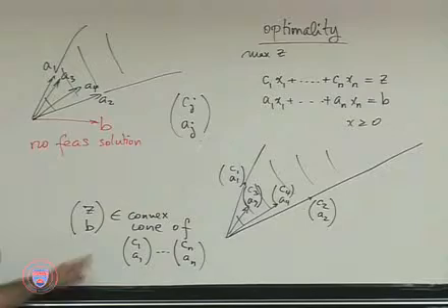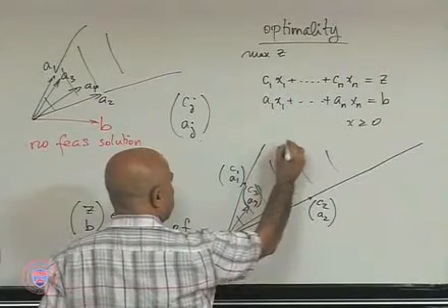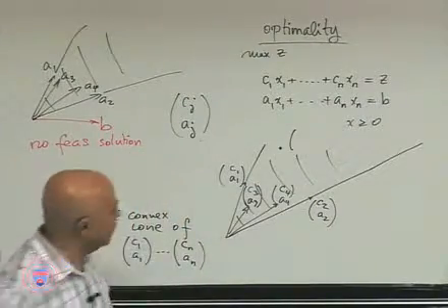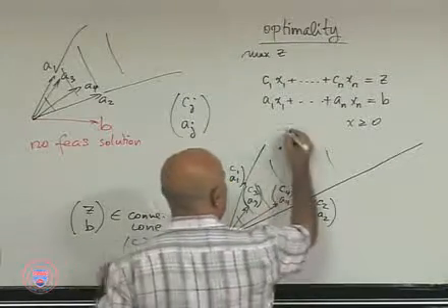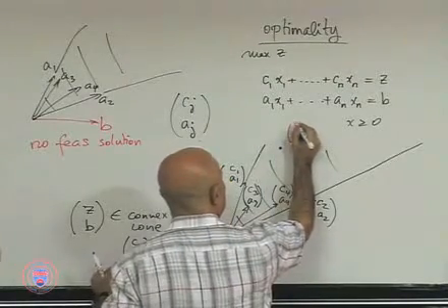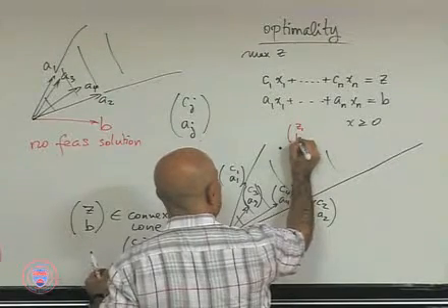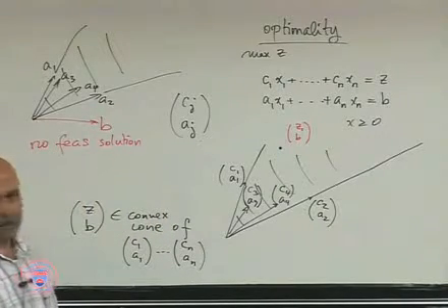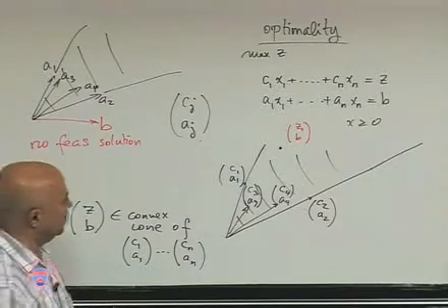So for fixed Z, I can take, for example, a point obtained by a fixed value, say Z1 and B. Z1 is a number, B is just a number in this case, because we're talking about one-dimensional.